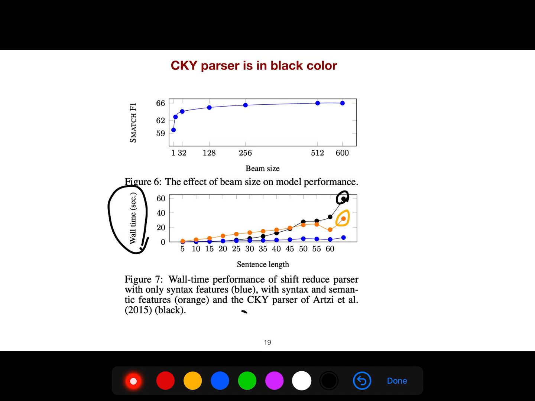Because the CKY parser takes time, but I've seen an article from Dan Klein, if I'm not wrong, where they pre-train that, and they attach just a number to each span. Because each span has a score, they are learning that. So it's a nice research direction.